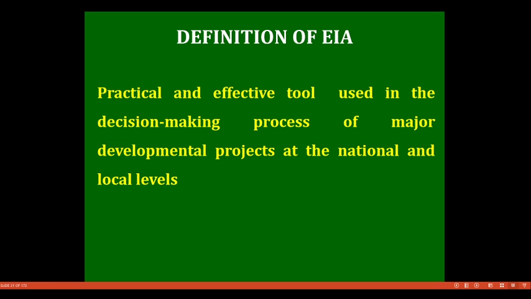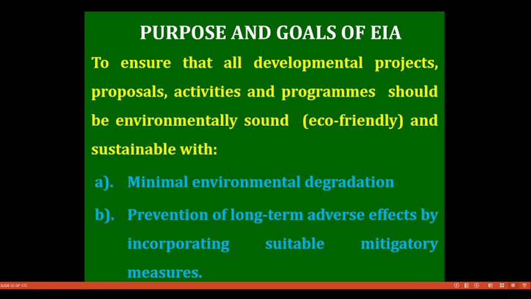The framework of the EIA program is more or less similar internationally, but there are some variations inside that format because of the change in the political and administrative setup of a particular country. So EIA can be considered as a practical and effective tool used in the decision-making process of major projects at the national level and local level.